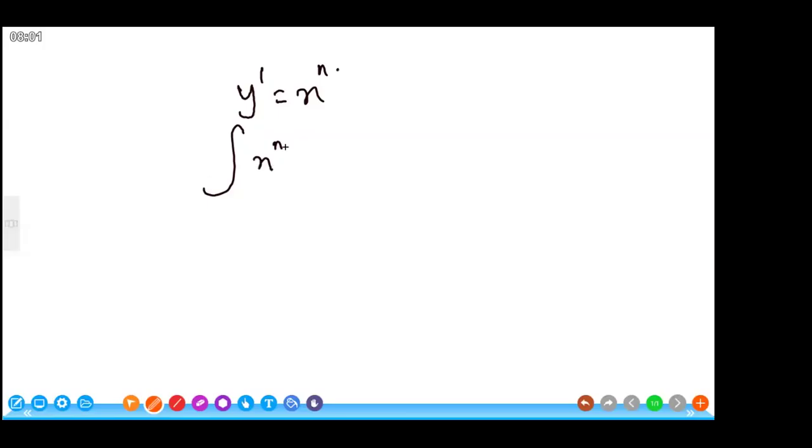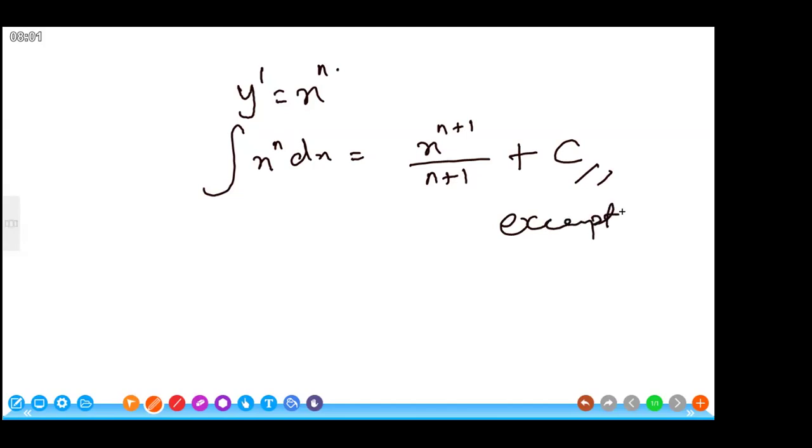This function with respect to x is given as x to the power n plus 1 divided by n plus 1, plus c. So this is true for all n except one case, anyone?